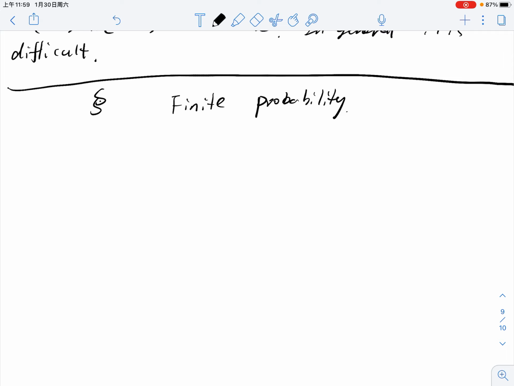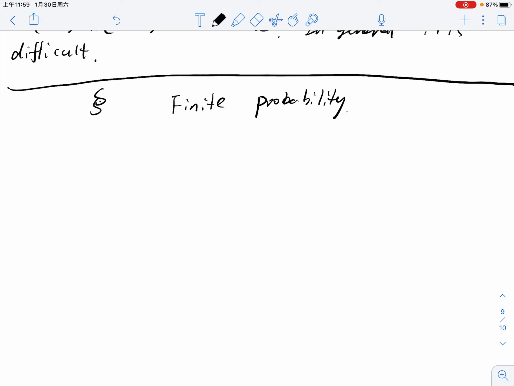So if you are interested enough, you can choose a probability course. That's very interesting. But it also relates to stocks and some time series, martingales, or whatever. But in this course, we talk about finite probability.